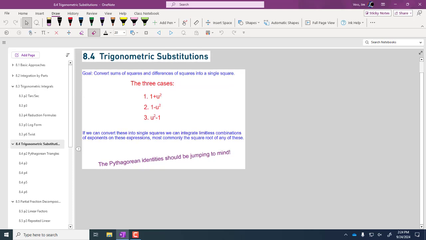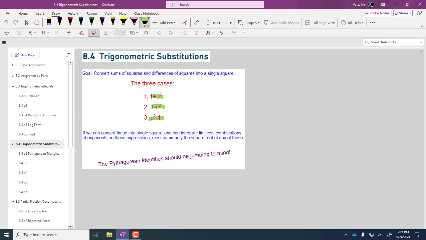So, trig sub. The goal of trigonometric substitution is to allow us to integrate basically 3 separate cases. It allows us to integrate things that are written in a sum of squares form or a difference of squares form. And we see this a lot with integrands, where we'll have x squared plus 1 or 1 minus x squared, one of these forms.